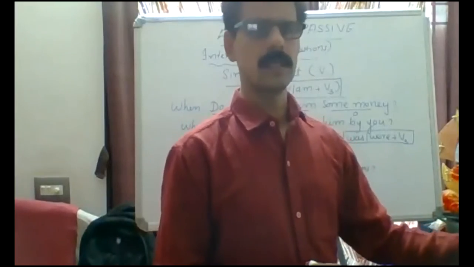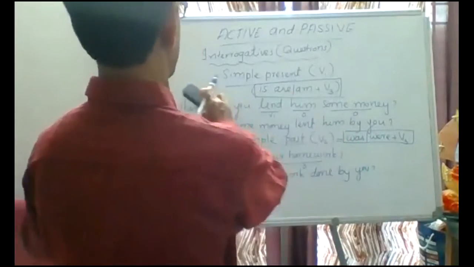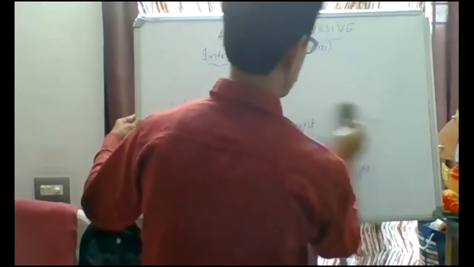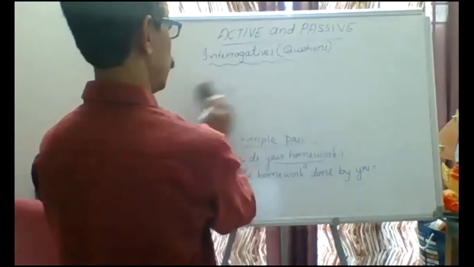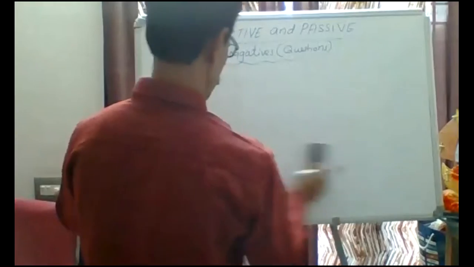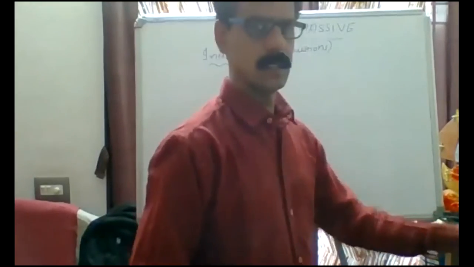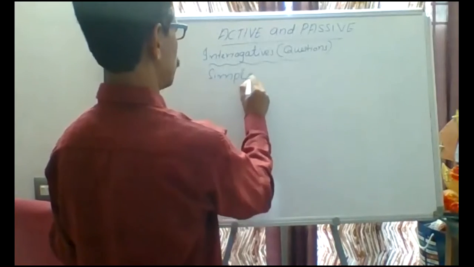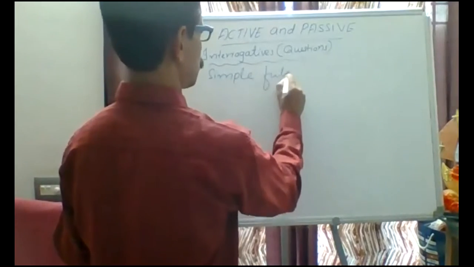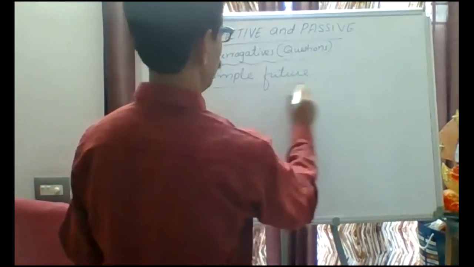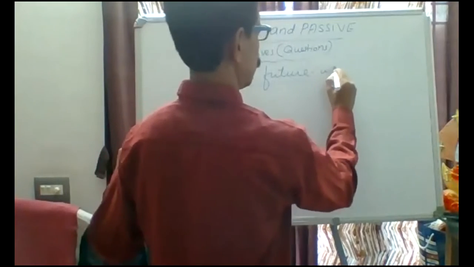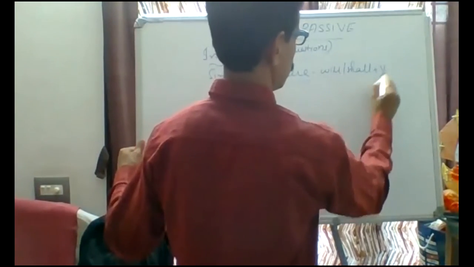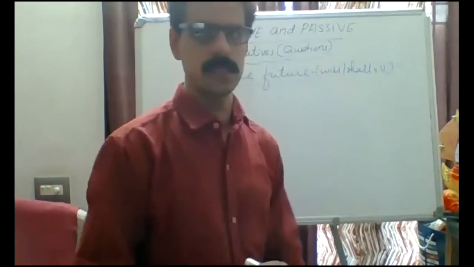Now let us check the simple future structure. You know what the simple future structure is? Will, shall, and V1. Simple future is will or shall plus V1, which is the structure of active voice.